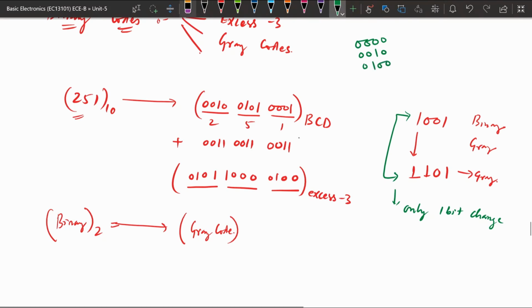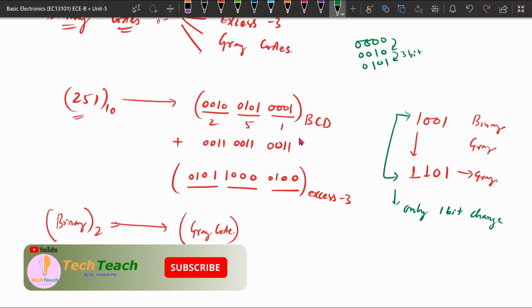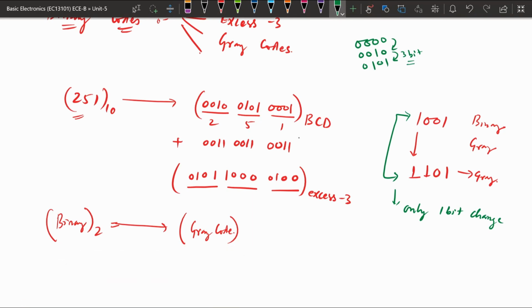Between 0 0 0 0 and 0 0 0 1 there is one bit change, but in these two numbers there is a 3-bit change. If 3 bits change at a time, it takes more transistors to switch from 0 to 1 and 1 to 0, so the switching power in this case is going to increase. But in the case of gray code, only one bit is changing at a time, so it reduces the switching power dissipation.